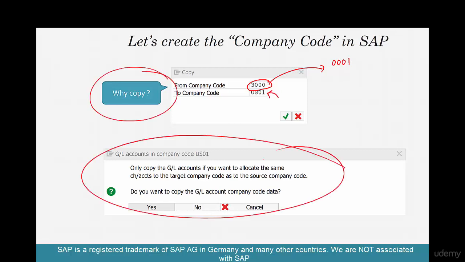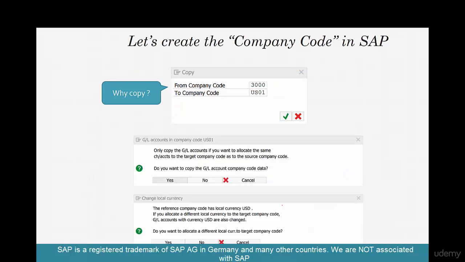And then you get a bunch of messages. Click yes for copying GL account data and click no for assigning a new currency. Again, don't worry too much about these options because, like I said, this is an activity that your finance consultant does for you. But since we don't have anybody here to help, we are doing the company code creation as well.